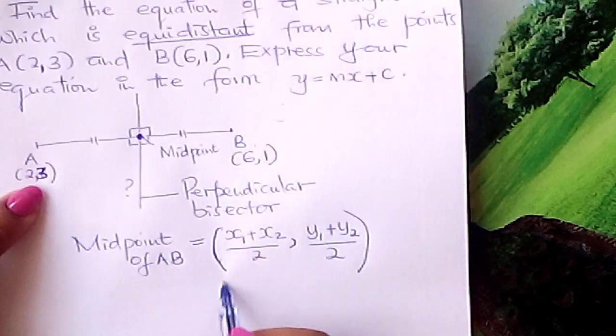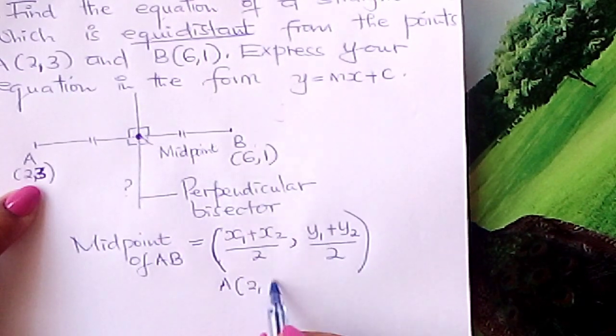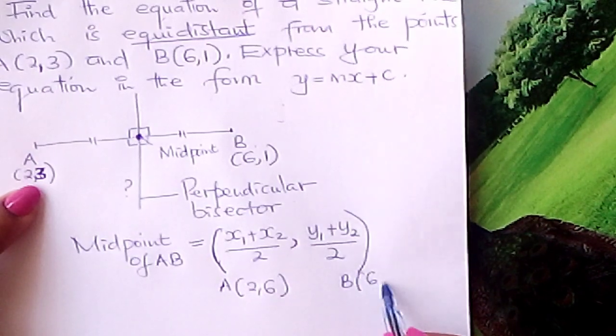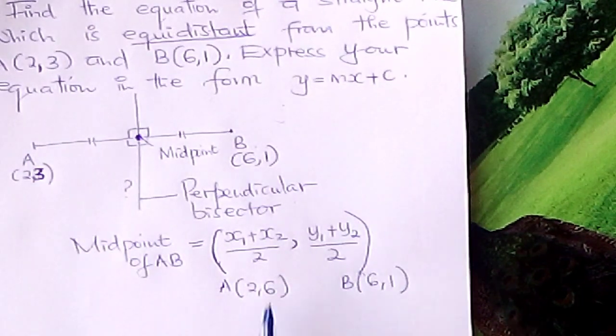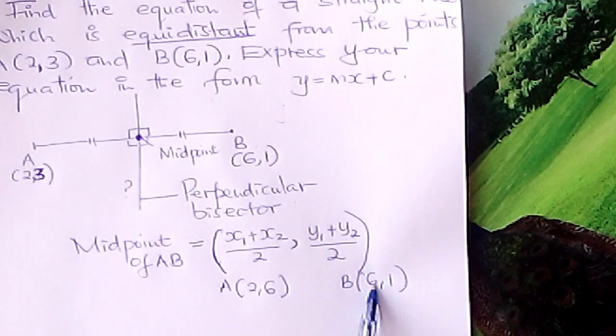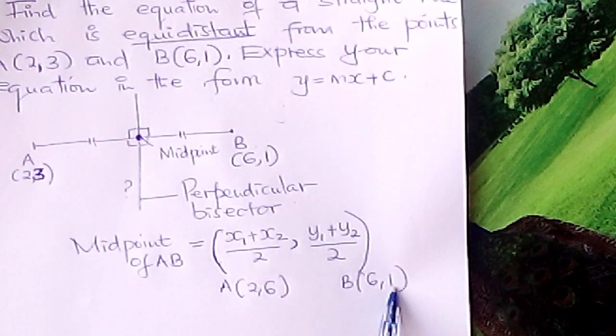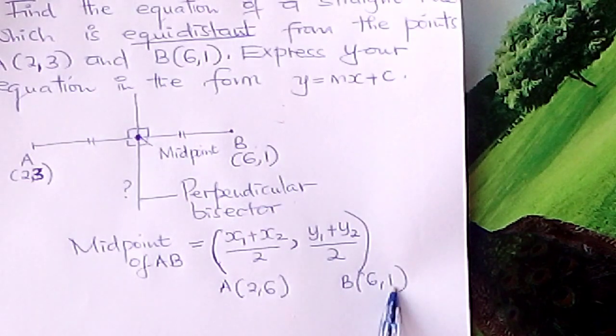A is at (2, 3), maybe I can write it again. Sorry, this is 3, I don't know why I'm writing it as 6. And your point B, learner, is at (6, 1). So you take the x's, you add and divide by 2. You take the y's, you add and divide by 2.